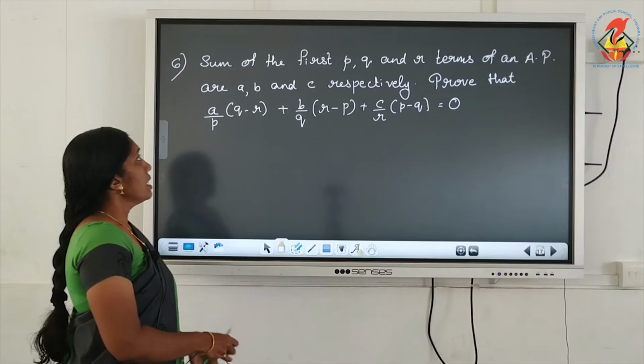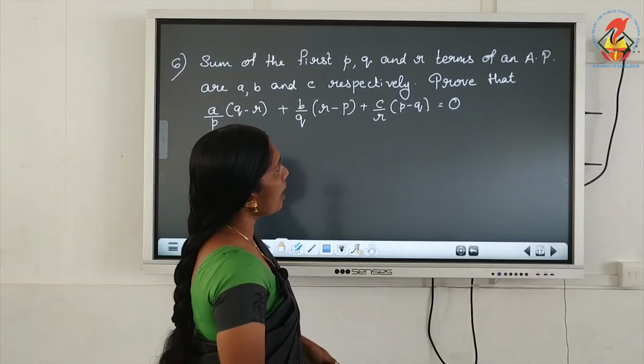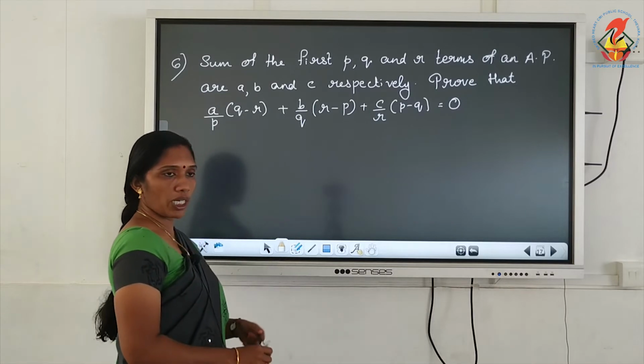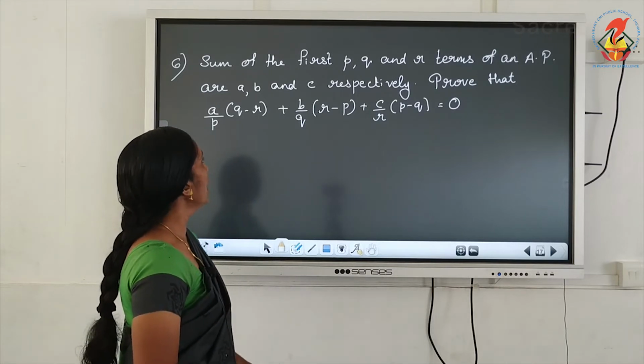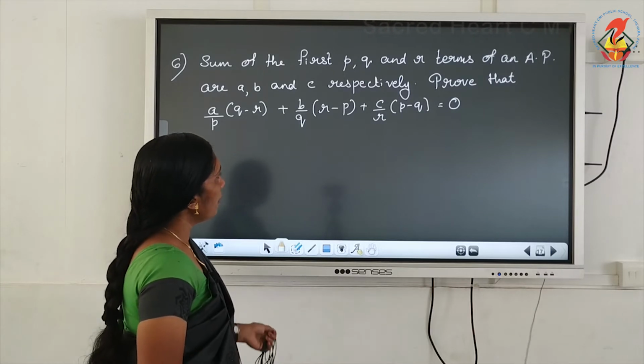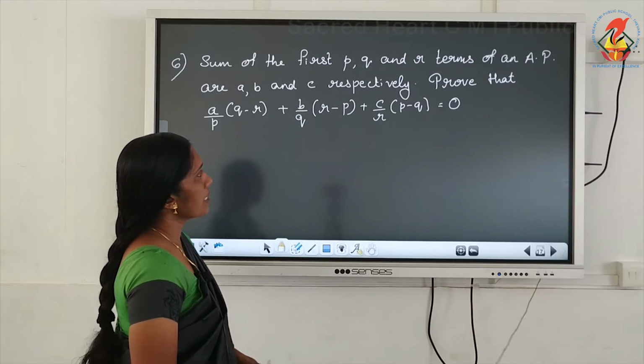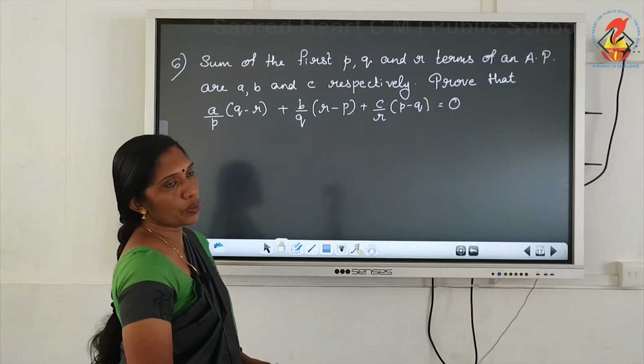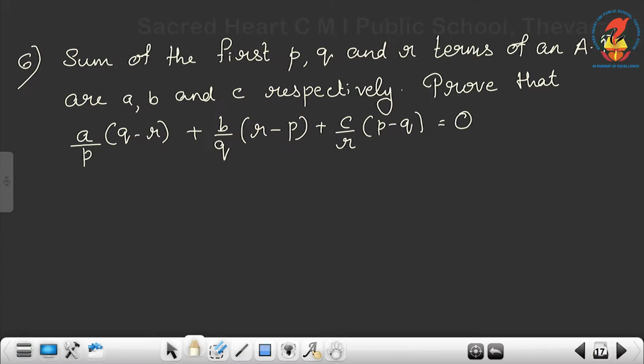Next one: the sums of first P, Q and R terms of an AP are small letters a, b, c respectively. Prove that a by P into (Q minus R) plus b by Q into (R minus P) plus c by R into (P minus Q) is 0. So given that SP is equal to a, the sum of first Q terms is given as b and the sum of first R terms is given as c.